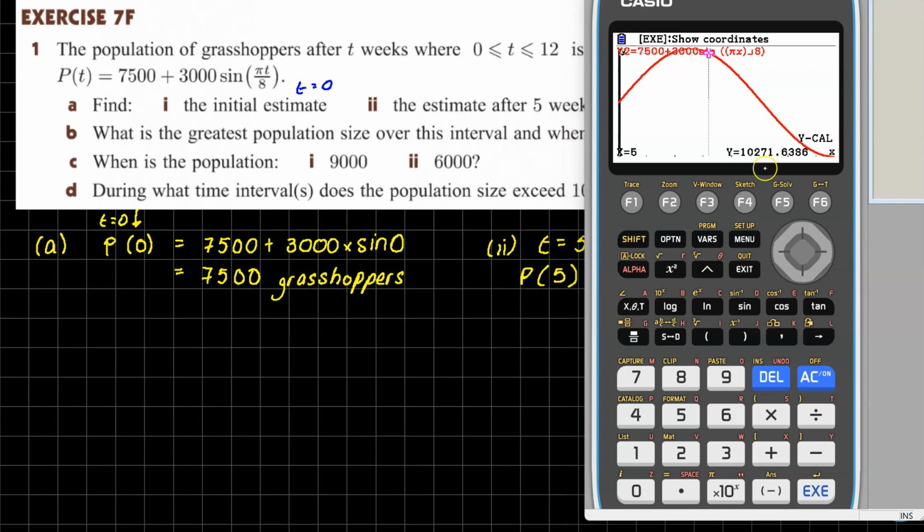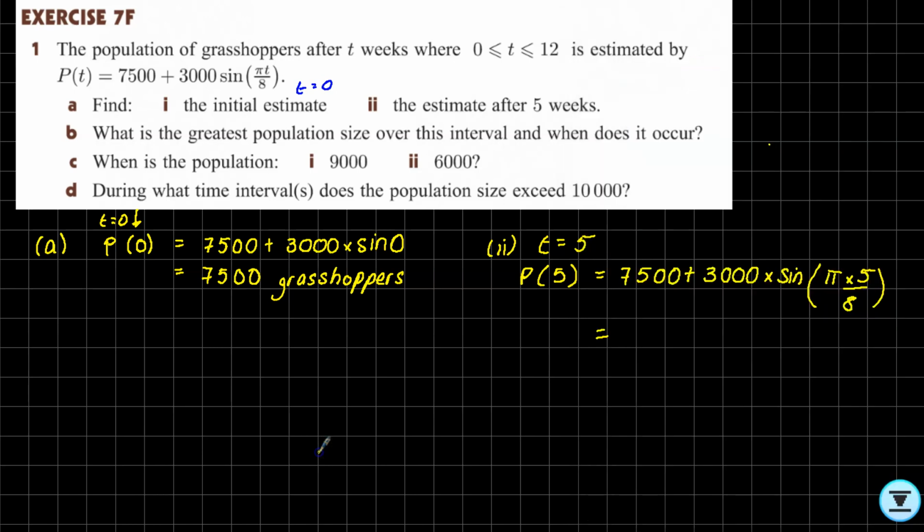If this one is 10,271.6, you might go, hang on, 0.6, I don't actually see the grasshopper. So are we going to say that's 10,271 or 10,272? I'll go with you, 10,272. Do you get my ethical question? Like you see a pregnant sheep, are you counting that as one sheep or two? Ethical dilemma.